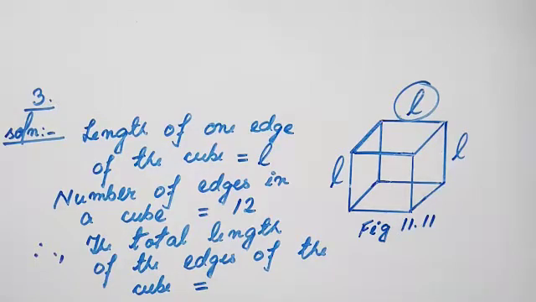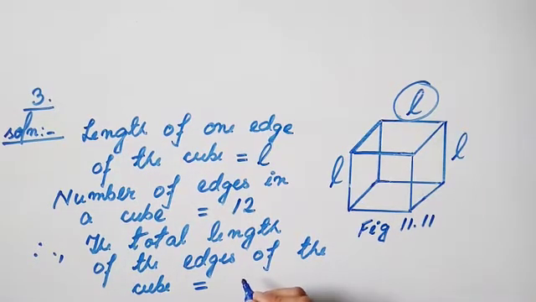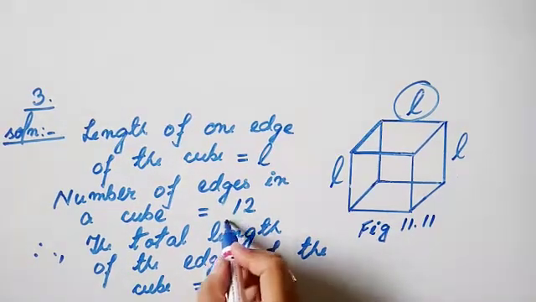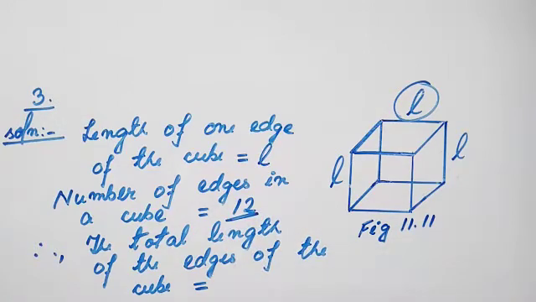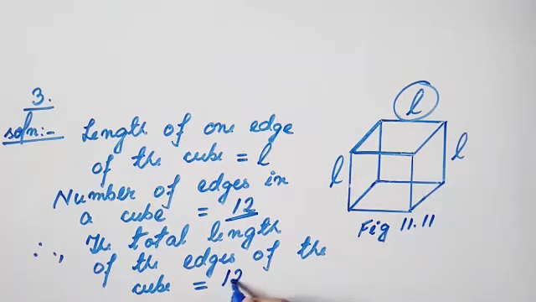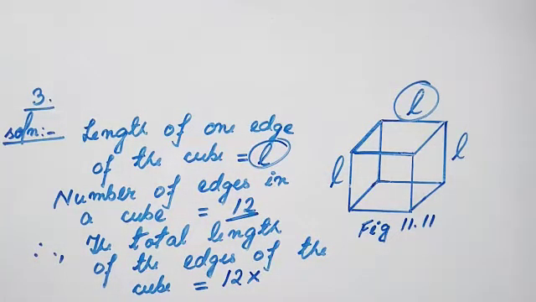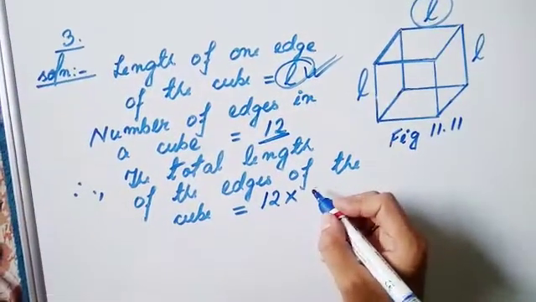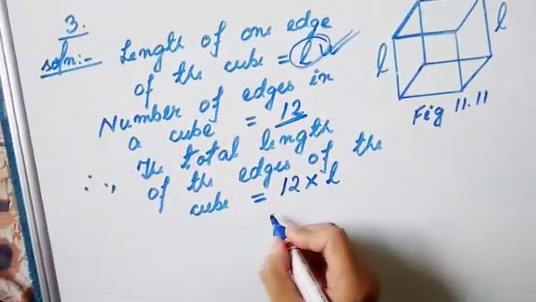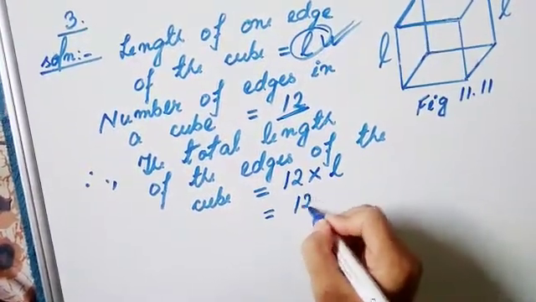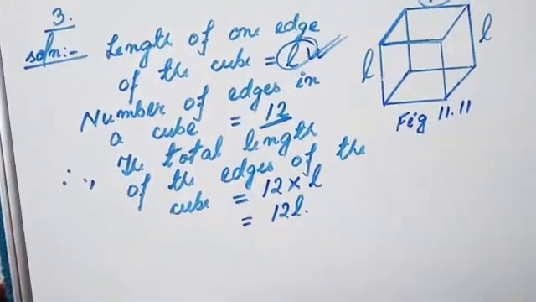So for me, I will solve the easiest one. So how many edges are there in a cube? There are 12 edges, right? So 12 times, then what is the length of one edge of a cube? Yes, it is given by L. So 12 times the length of one edge of the cube, that is L, and our answer will be 12L. Understood?